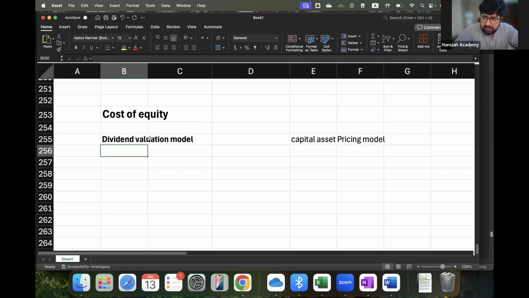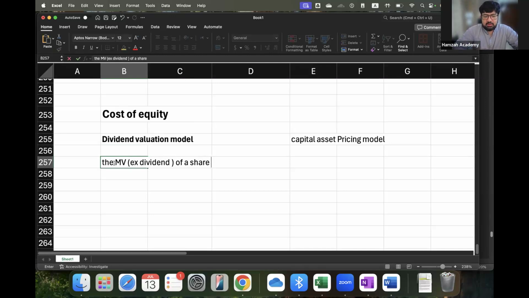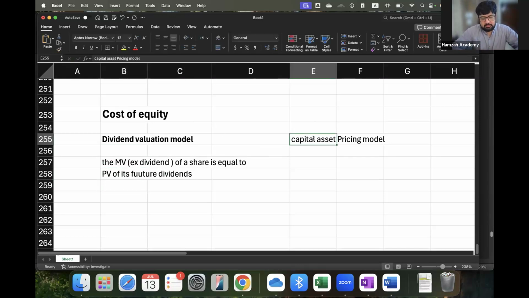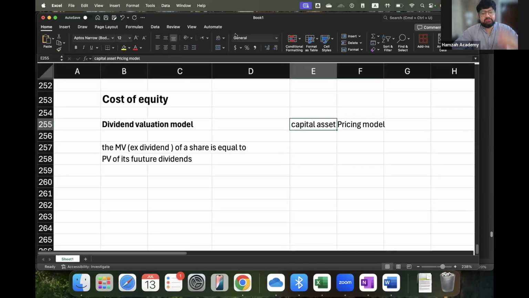It says that the market value, ex-dividend, without dividend, of a share is equal to the present value of its future dividends.